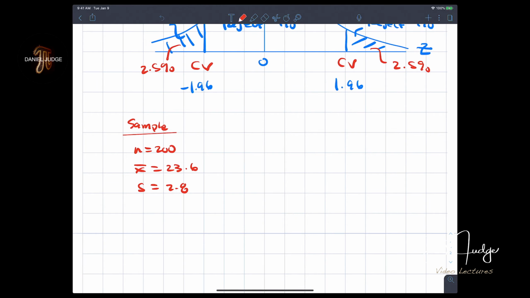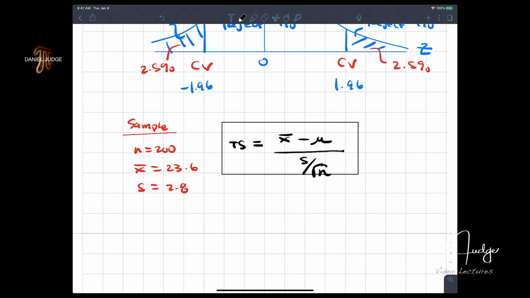Here's your test statistic formula, ladies and gentlemen. TS is X bar minus mu over S divided by the square root of N. This is the test statistic formula that you guys use.